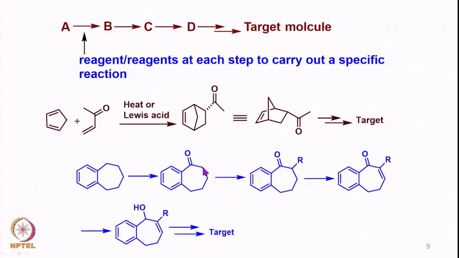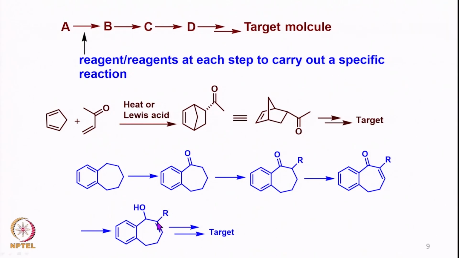Then we can functionalize the alpha position of the ketone to introduce an R group here, and then we can introduce a double bond. This is further functionalization. We can reduce the ketone to the alcohol in a stereoselective fashion, or if required, in an enantioselective fashion.